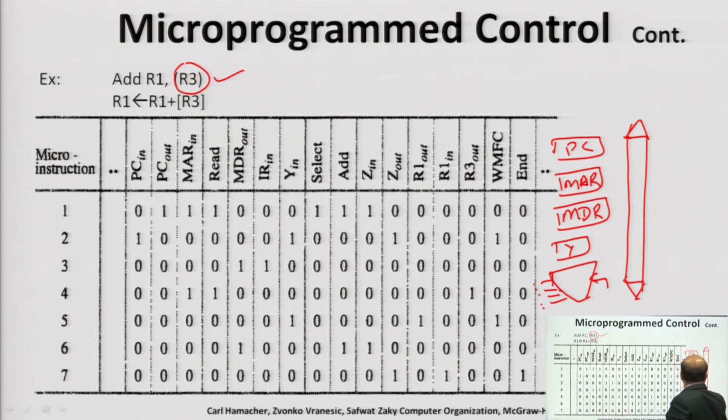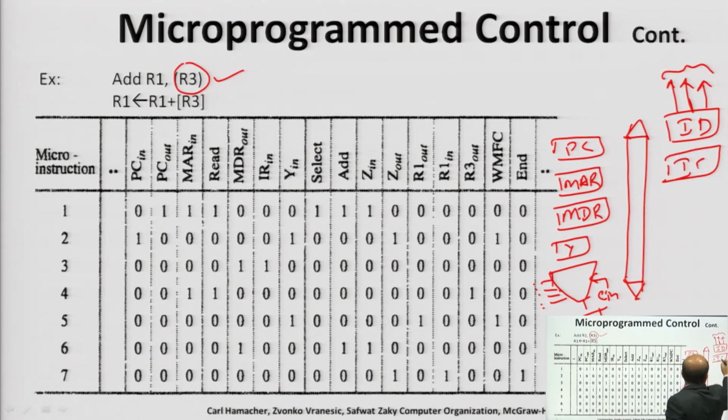There was some input of C in, carry in, it generates some output, and that result will be stored in the Z register. Here you can see the instruction decoder, which generates various types of control signals, and there was the IR instruction register, and there are a few general purpose registers R0 to Rn-1, and there was some temp register.